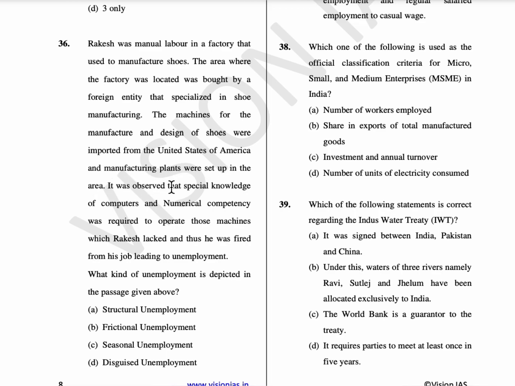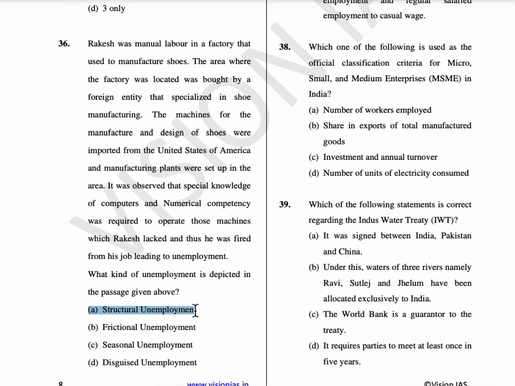It was observed that special knowledge of computers and numerical competency was required to operate those machines, which Rakesh lacked, and thus he was fired from his job, leading to unemployment. What kind of unemployment is depicted in the passage given below? So here it is structural unemployment.